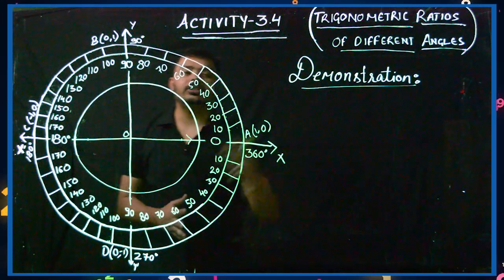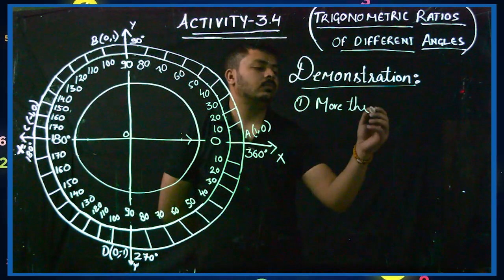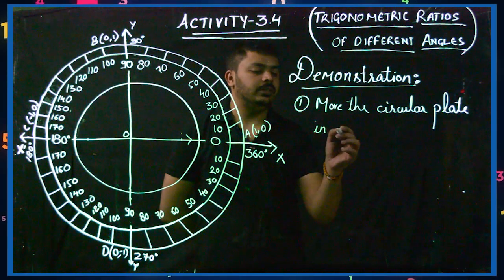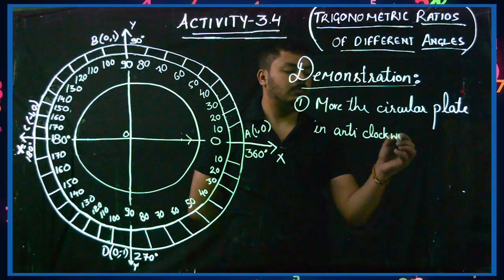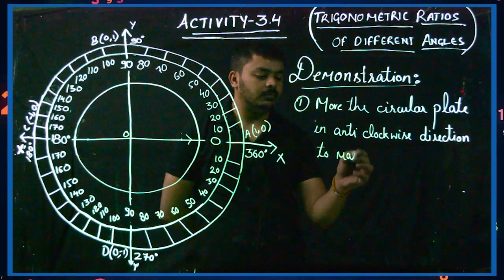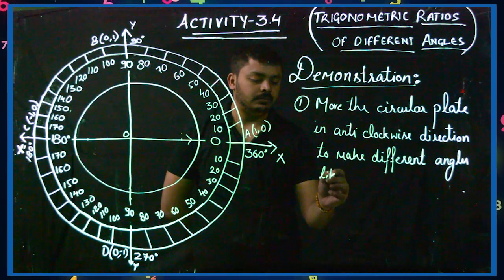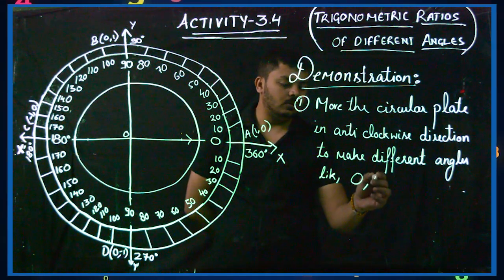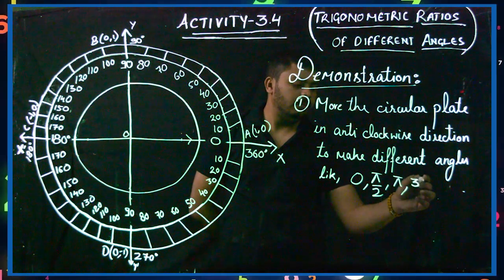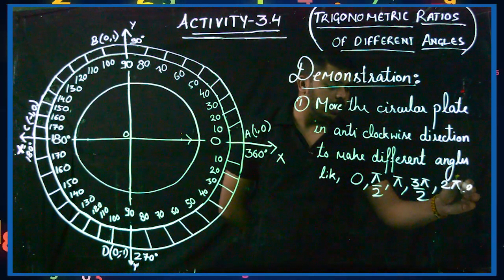Now let's see the demonstration of the given activity. Move the circular plate in anti-clockwise direction to make different angles, like 0, pi by 2, pi, 3 pi by 2, 2 pi, and much more like that.